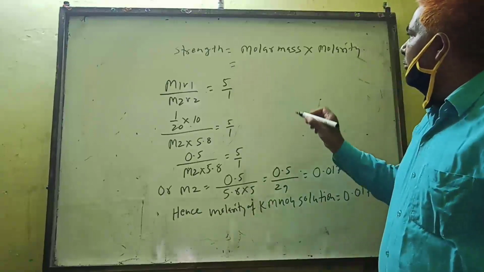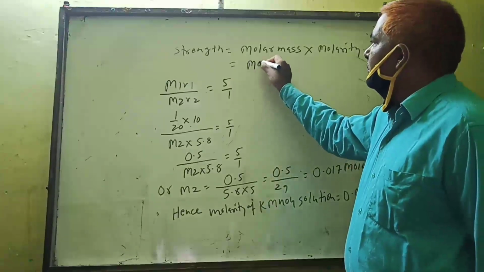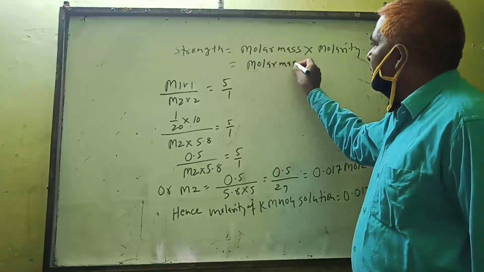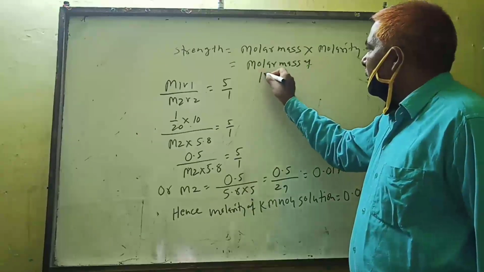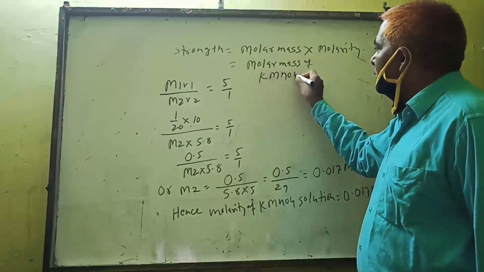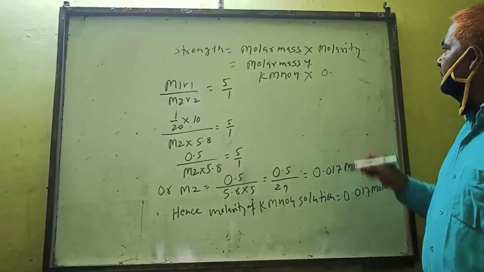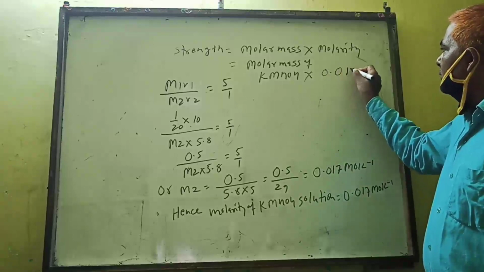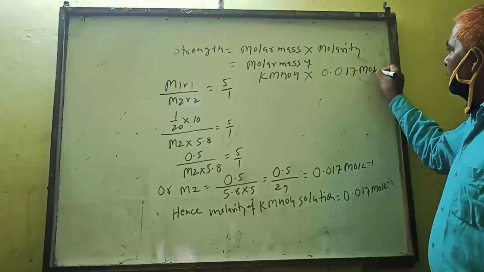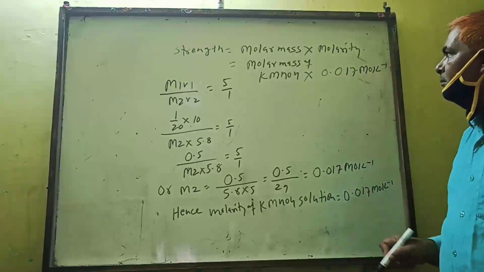Molar mass of KMnO4 into molarity, already calculated, 0.017 mole per liter.